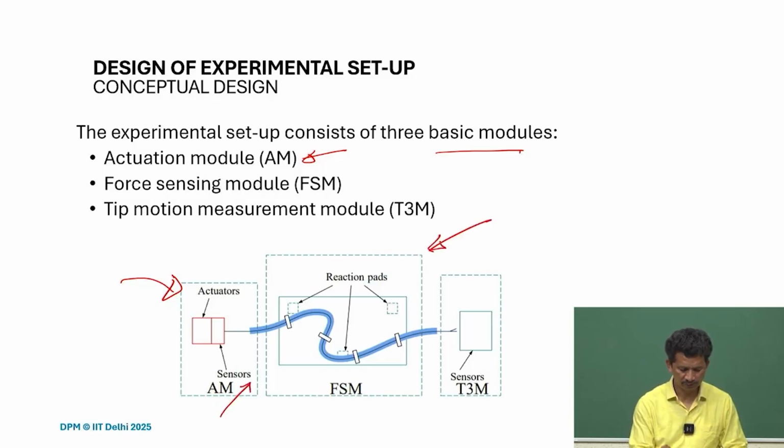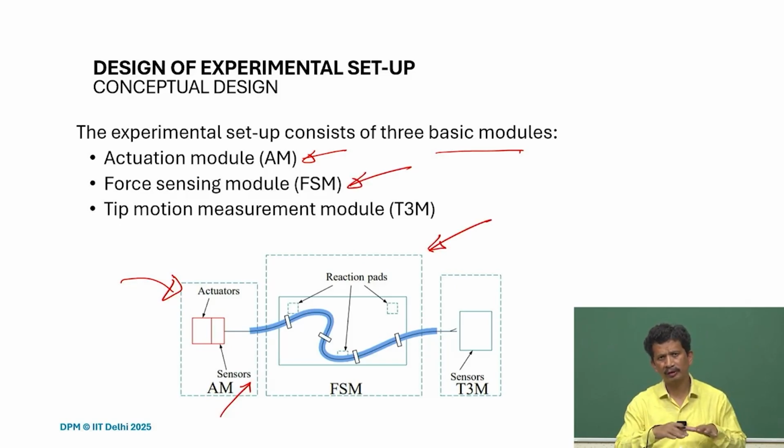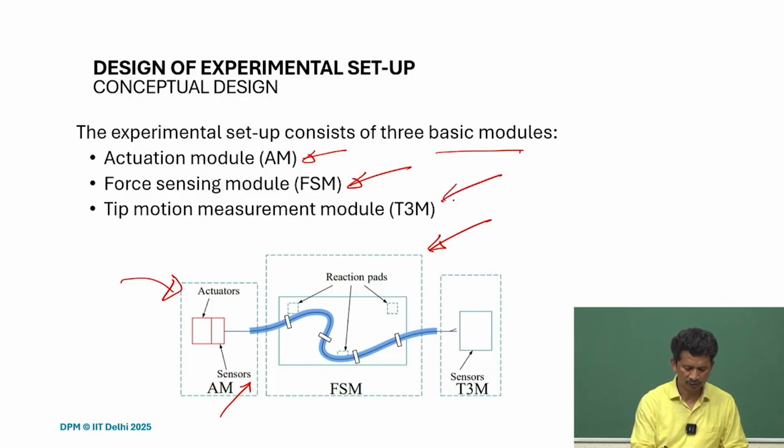Second is the force sensing module, where the endoscope is mounted, and whatever force of interaction there is can be measured using reaction pads, or some other method we have to use. And the third is the tip motion measurement module.